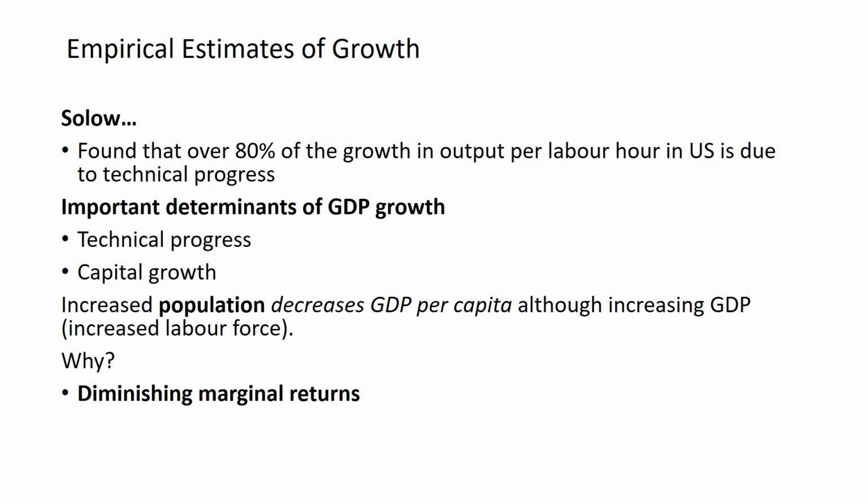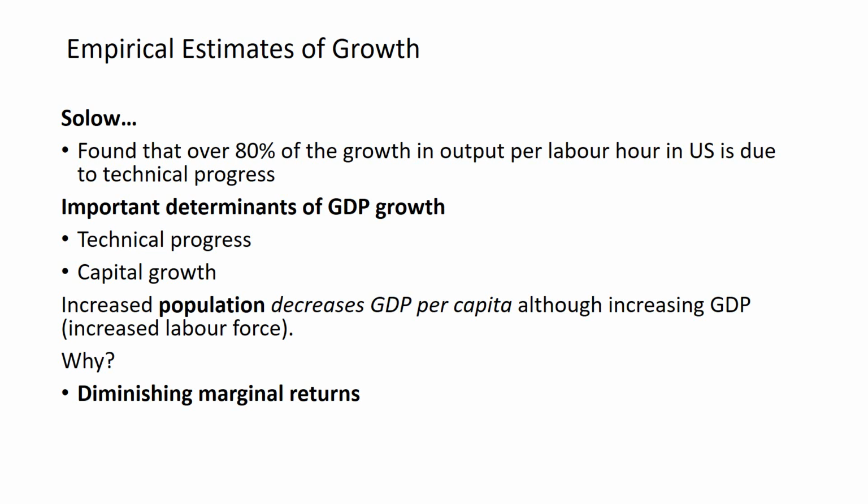The important determinants of GDP growth that have been found in the literature really are technical progress and capital growth. It's actually been found that increasing population sizes decreases GDP per capita, although increasing GDP. Why would this be? Well, it's because of diminishing marginal returns. Think about how GDP per capita is calculated.